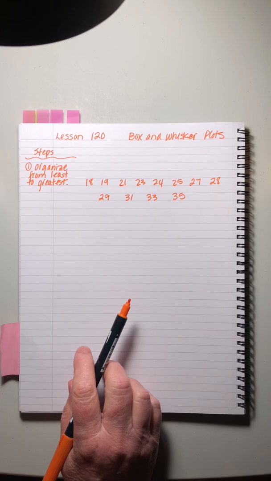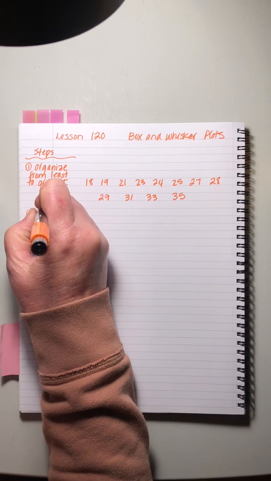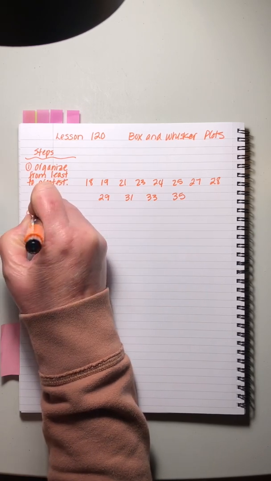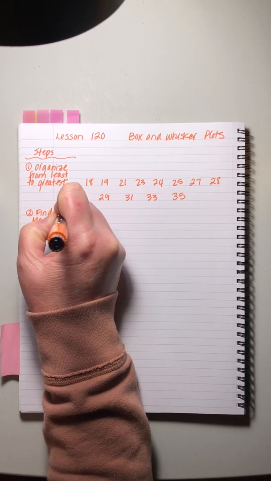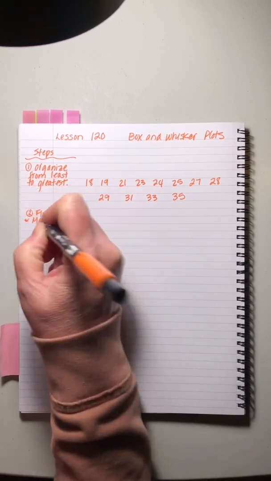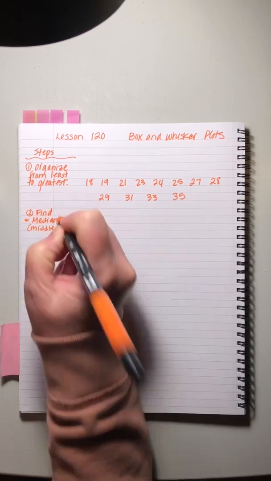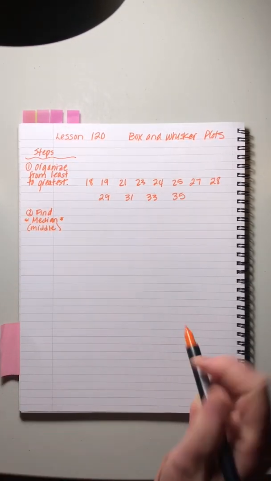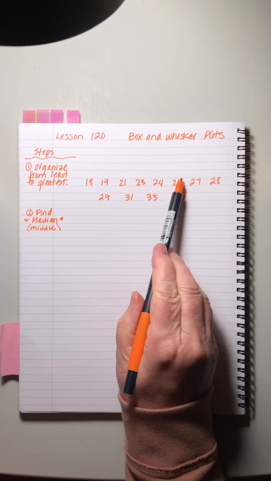And the first thing that we want to do is find the median of the data set. What's the median again? Oh yeah, it's the middle value, right? So we go, okay, there's 12 of these, so 1, 2, 3, 4, 5, 6.